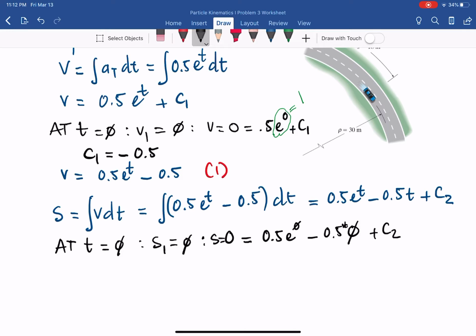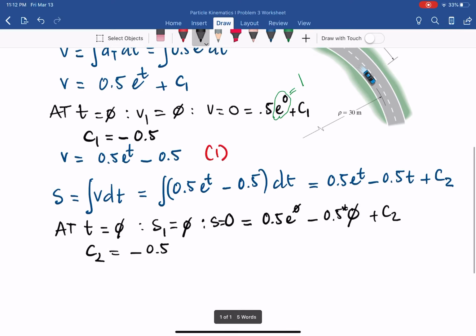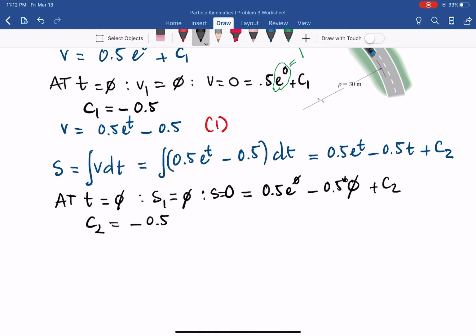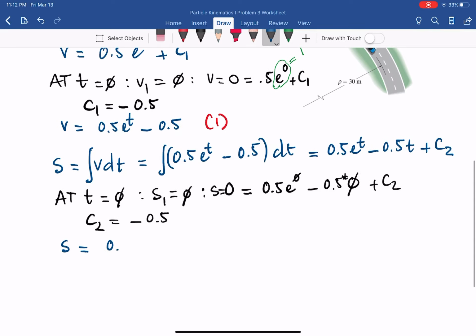So from that we can get C2 again. This is 0.05, and e^0 equals 1. So on the other side, we can have C2 again equal to negative 0.05. So we can rewrite the equation of the distance as s equal to 0.05 e^t minus 0.05 t minus 0.05.